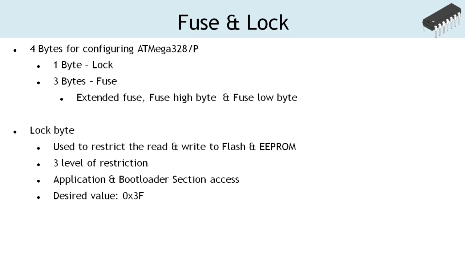Lock byte is also used to restrict the access of the 2 sections of the flash memory. Those are application section and bootloader section. For our purpose, the desired value of the lock byte is 3F.